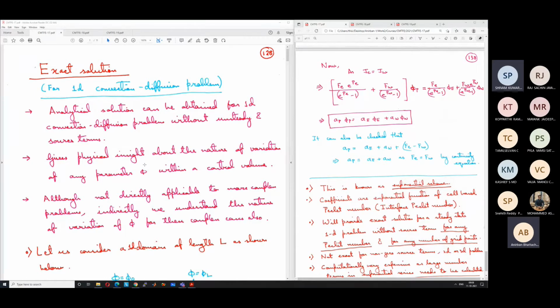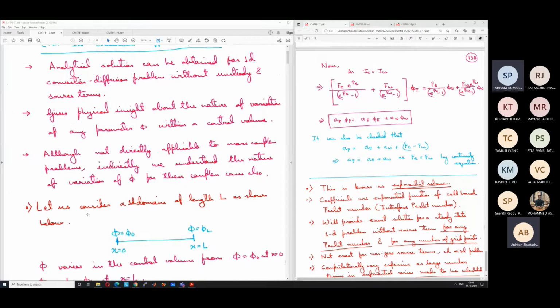Coming to the convection diffusion problem, we have seen three different schemes till now. First we started with a common sense scheme, known as the central difference scheme, where we discretize the convective term at the boundary and represent it in terms of the average of the neighboring grid points.